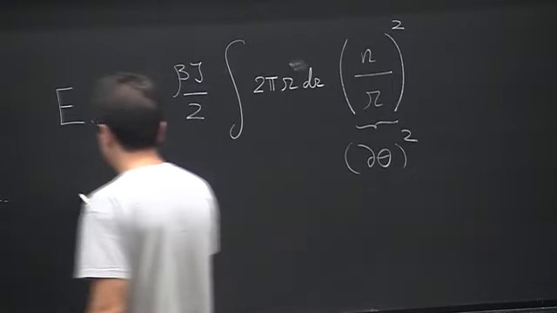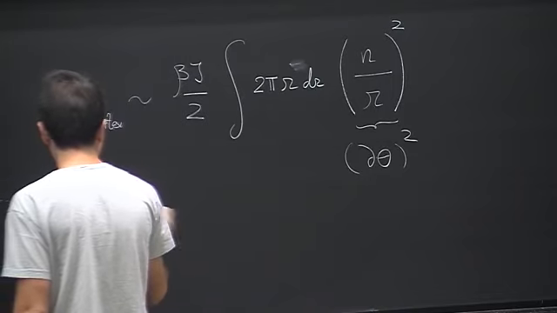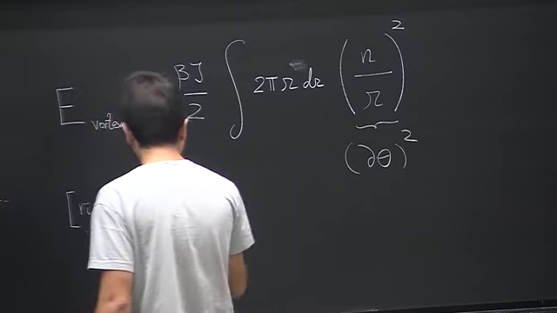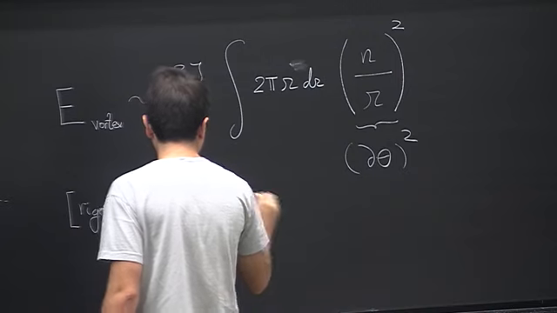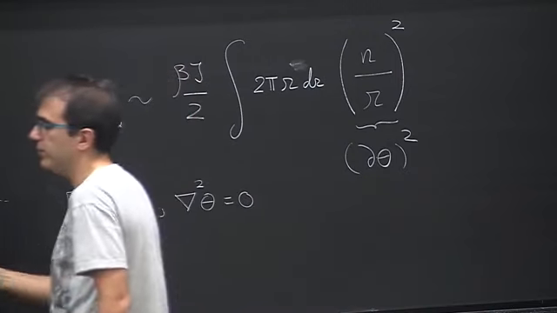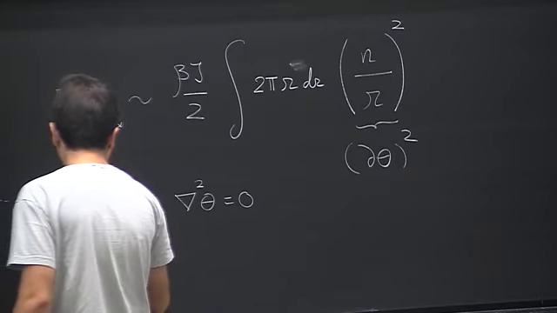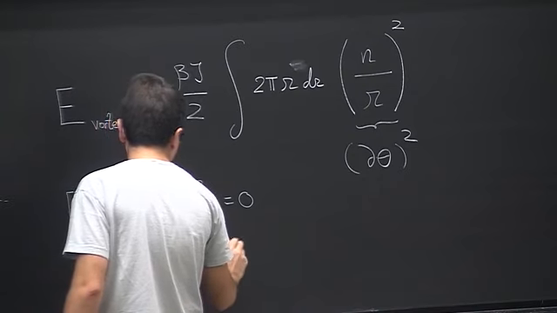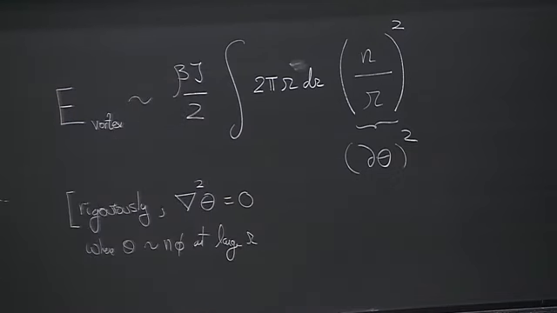So let me just open a parenthesis that rigorously we would like to solve to find some equation box theta equal to 0 that would have this profile, some classical configuration where theta behaves as n phi at large distance, and then plug that solution into the action and see how much it contributes.